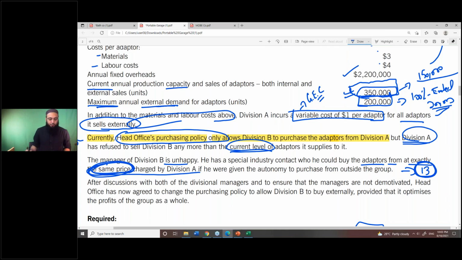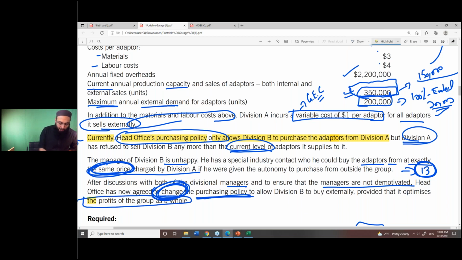After discussion with both divisional managers, and to ensure managers are not demotivated, head office has now agreed to change the purchasing policy to allow B to buy externally, provided it optimizes the group profits as a whole.